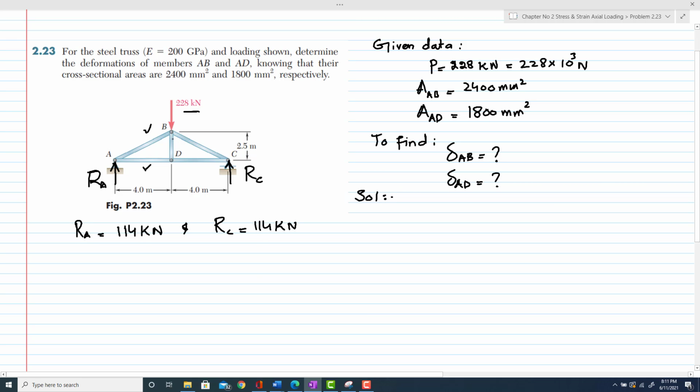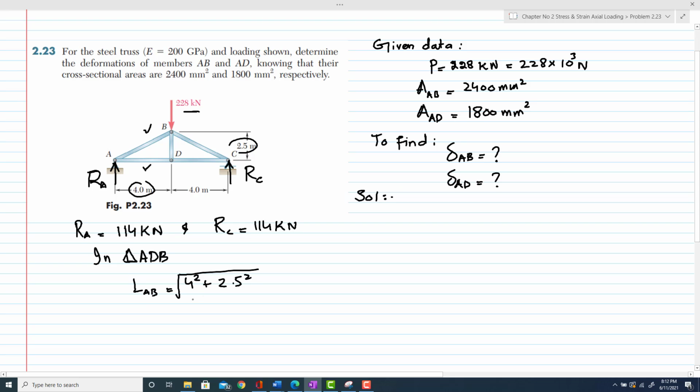Now you can see that the length of member BD is 2.5 meter and the length of AD is 4. So by using the Pythagoras theorem in the right angle triangle ABD, the length of AB is equal to the square root of 4 square plus 2.5 square.